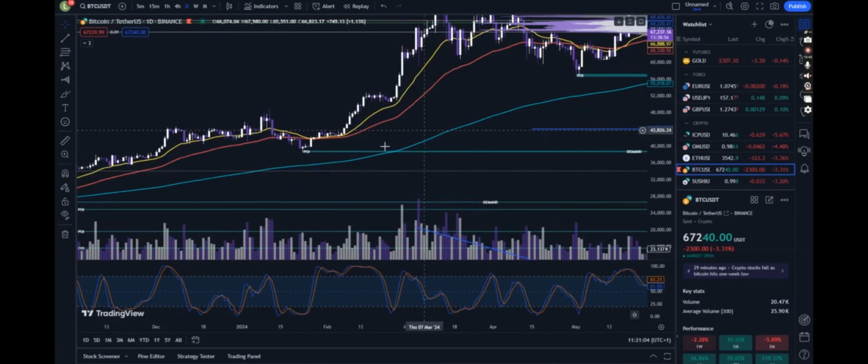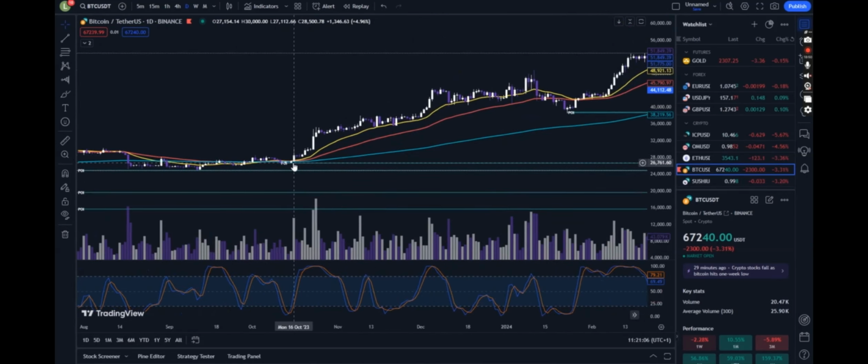My first buy on BTC months ago was around here, as we had these moving averages start to squeeze. Once these moving averages start to squeeze, that's where you want to be buying.